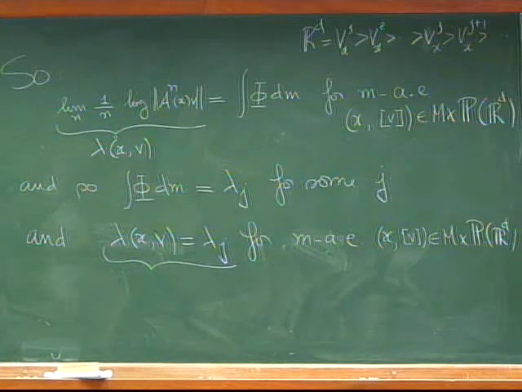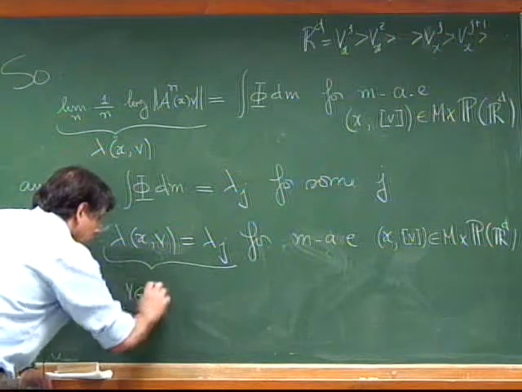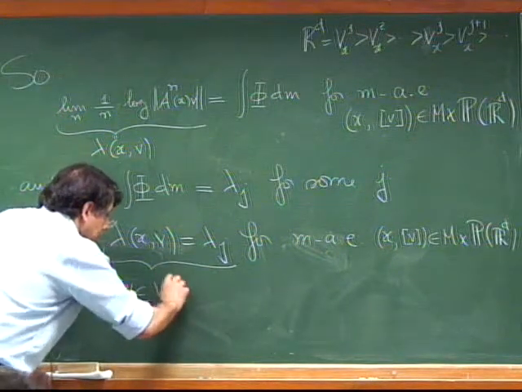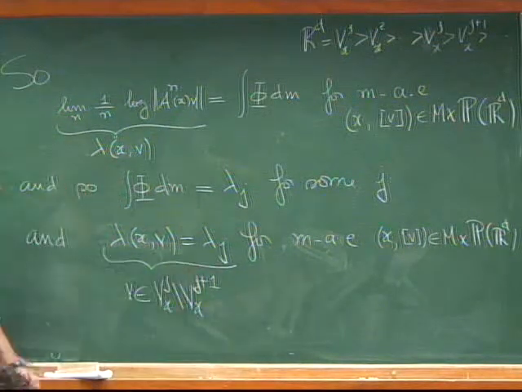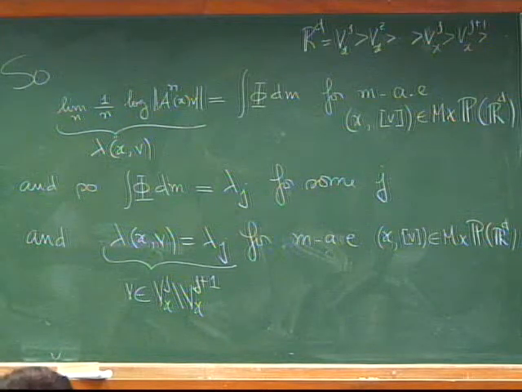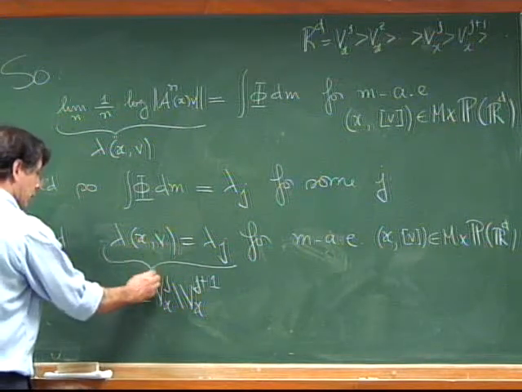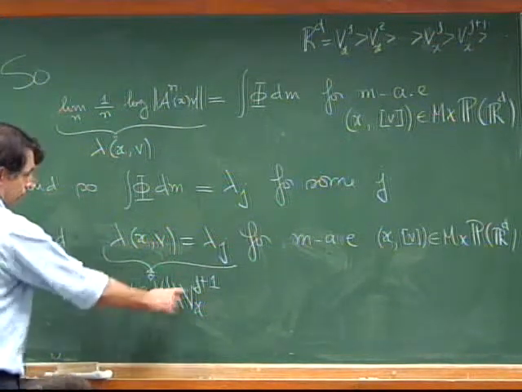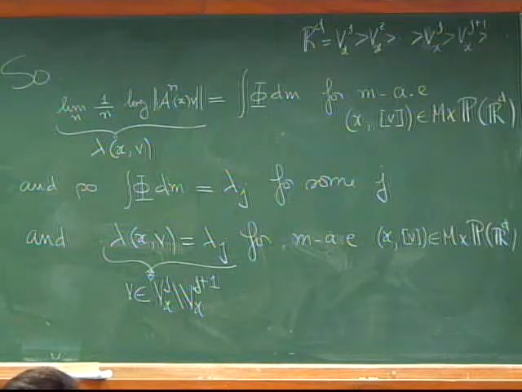So where do you get lambda j? You get lambda j if and only if v belongs to V^j_x minus V^(j+1)_x. Okay? To say that the Lyapunov exponent of v is lambda j is equivalent to saying that your vector is in between the jth and the (j+1)th subspace in the Oseledets flag.